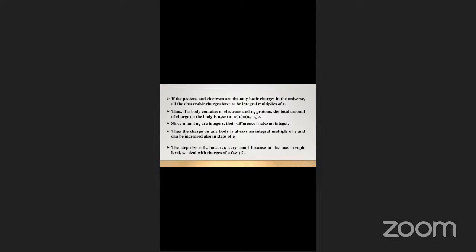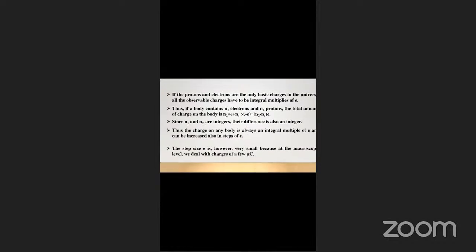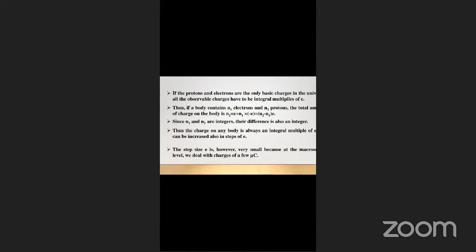N2 is positive and N1 is negative, so it is equal to N2 minus N1 into small e. Since you already know that N1 and N2 are integers, their difference is always an integer. Where N1 and N2 are integers, automatically the difference between the integers is also an integer. Next point.